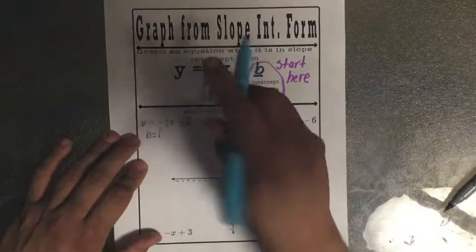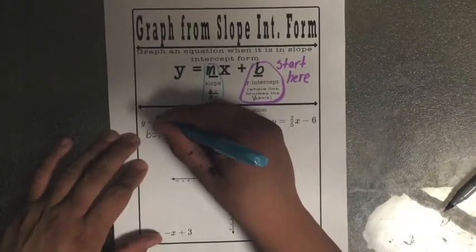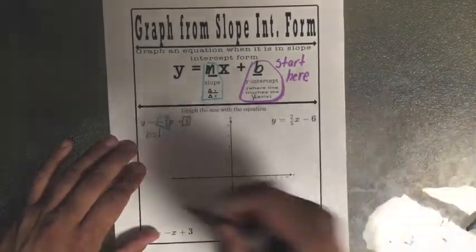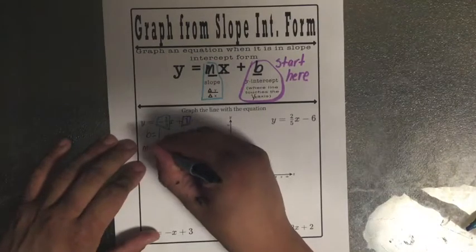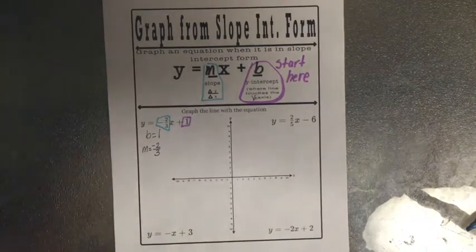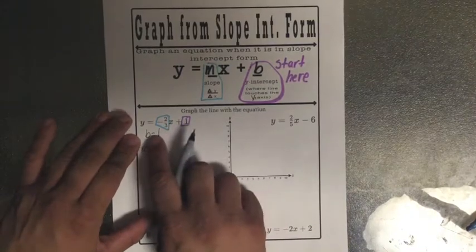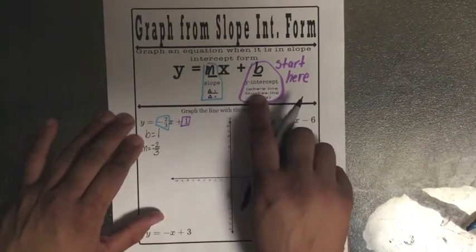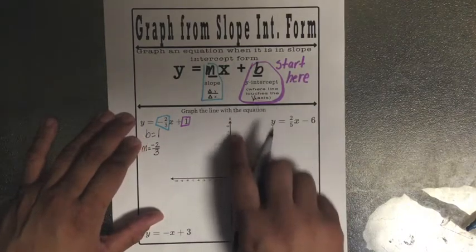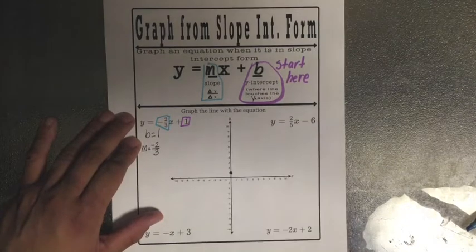Then my m is in front of the x, so my m is negative 2 over 3. So I'm going to start with b equals 1. It's where the line touches the y-axis. So on the y-axis, I'm going to find positive 1, which is right there.